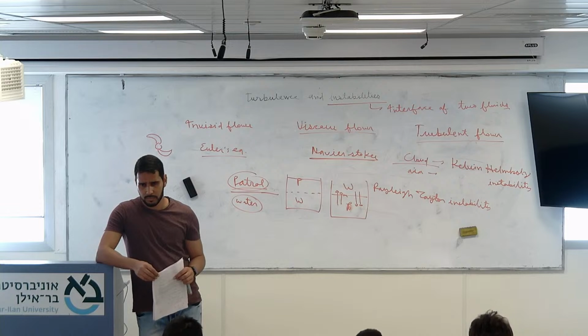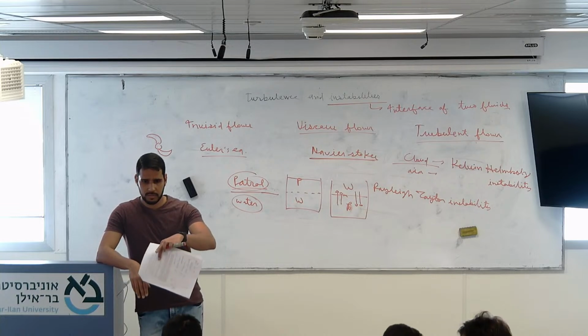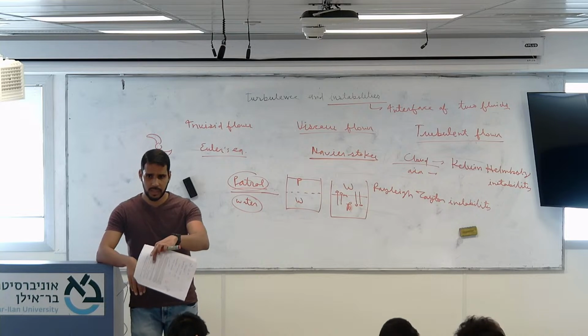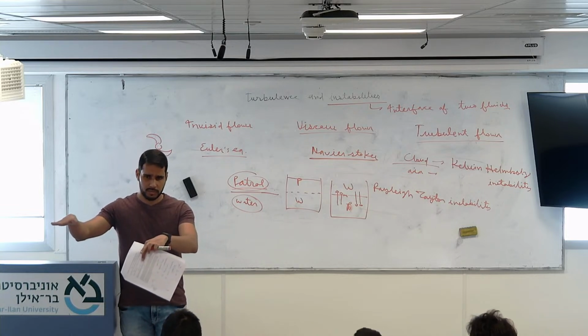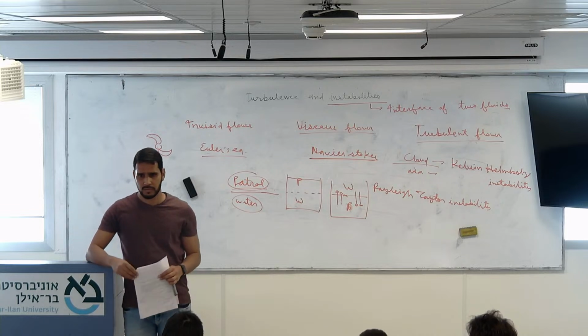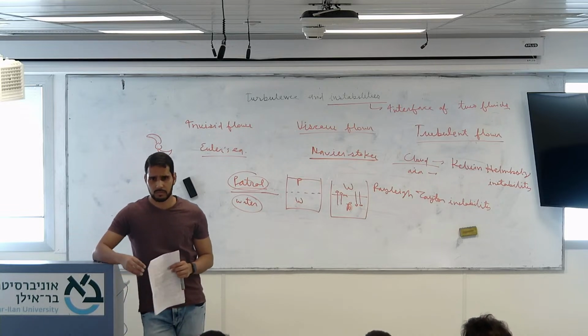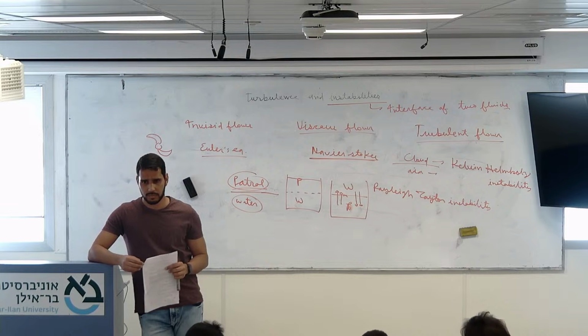If I'm moving here, at the boundary I'd have a discontinuity. Yes, you have a discontinuity. Like seawater, and air flowing on the seawater. But that can't happen because of the viscous equation.